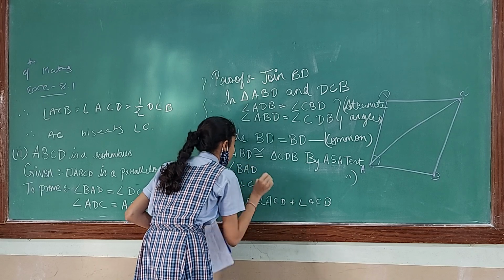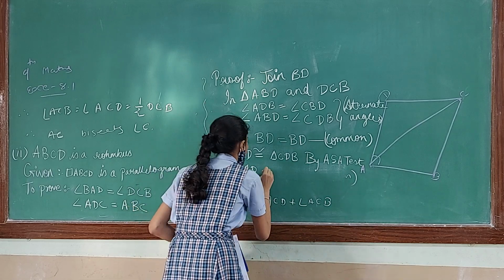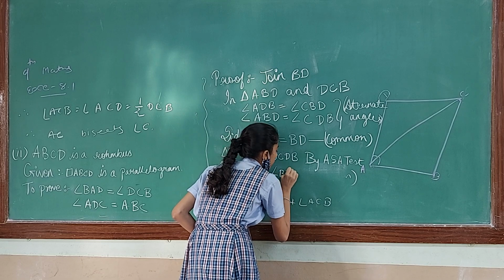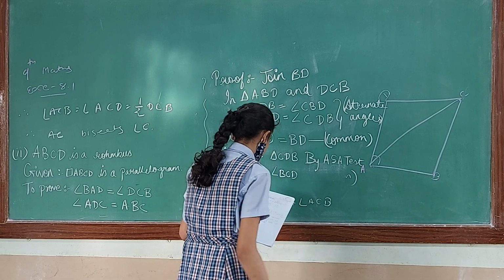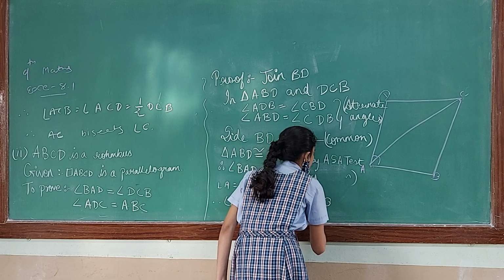By the congruency rule of the given triangle, one side is common. Rhombus opposite sides are parallel and equal to each other.